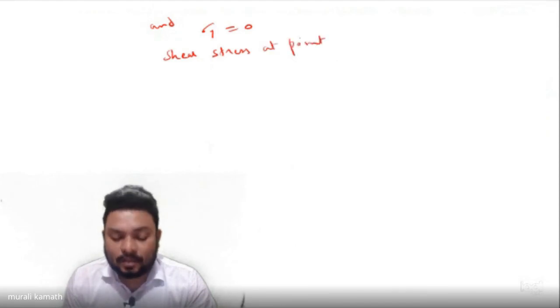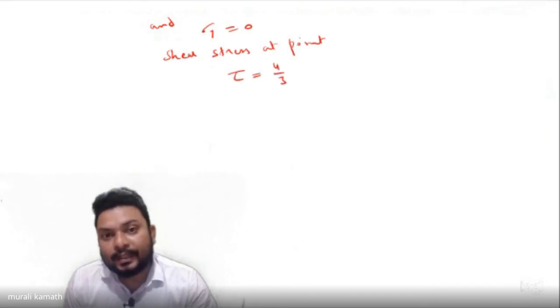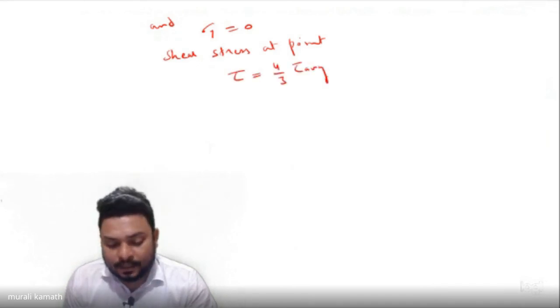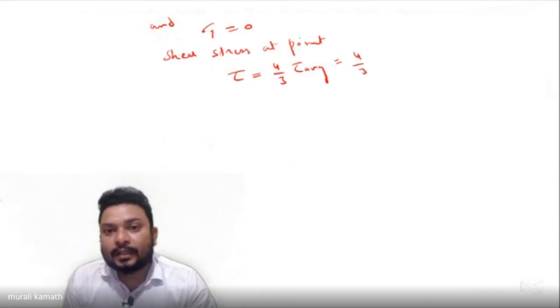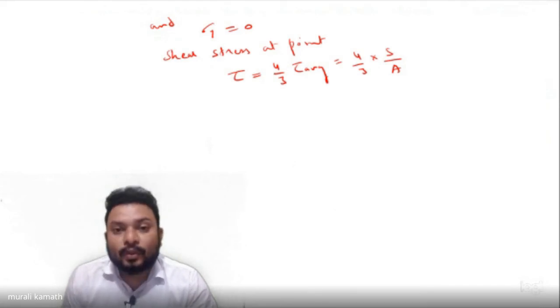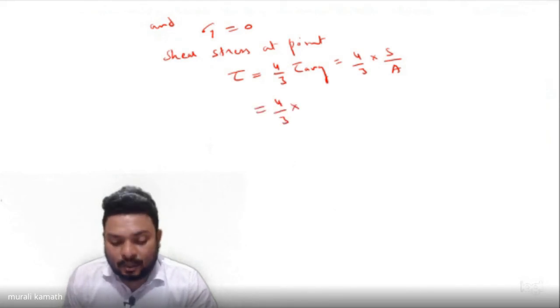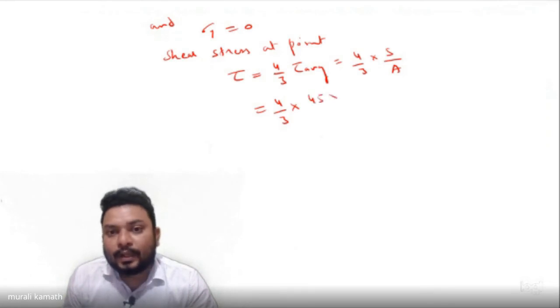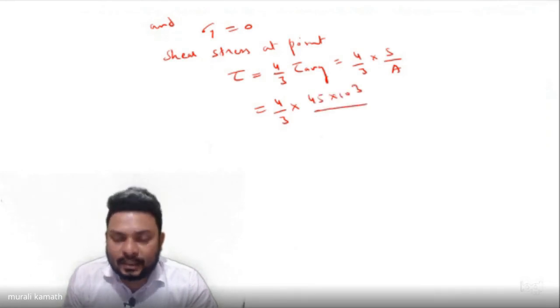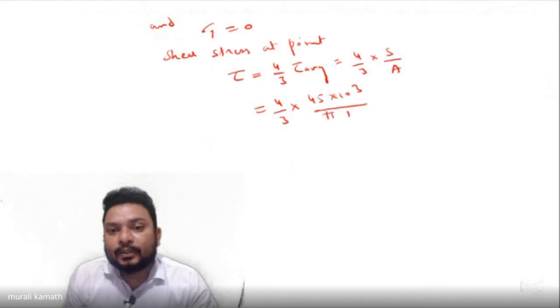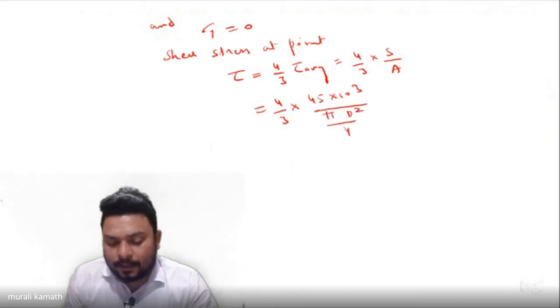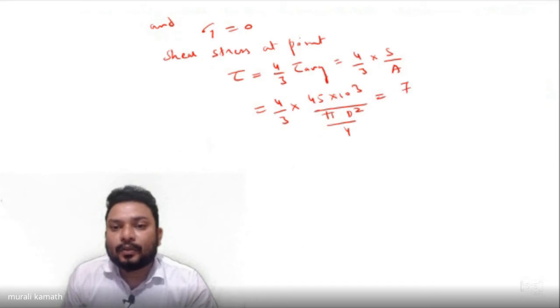In a circular section, what is tau max? That is 4 by 3 of tau average, correct? That is 4 by 3 multiplied by shear force by area. So 4 by 3 into shear force 45 into 10 raised to power 3 Newton, divided by pi d square by 4. Keep d like that, and it is going to come around 76.39 into 10 raised to power 3 by d square.